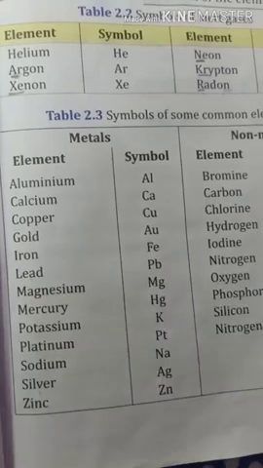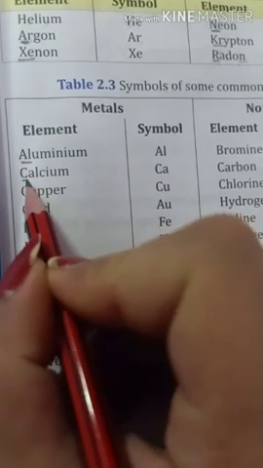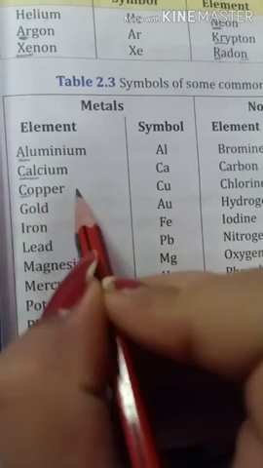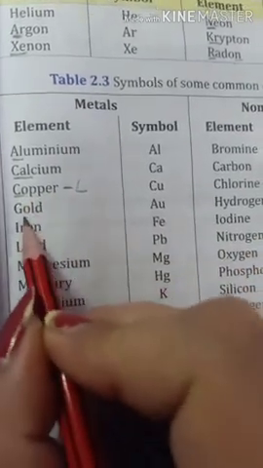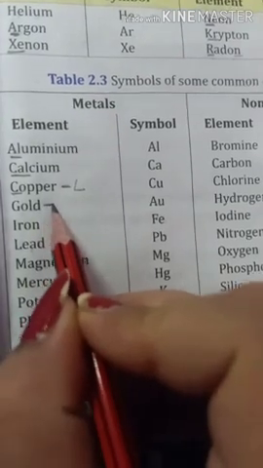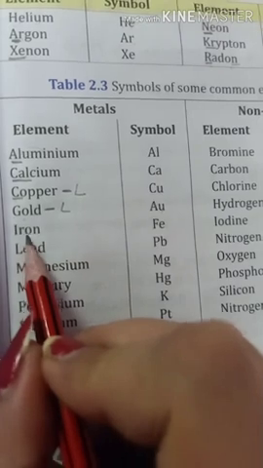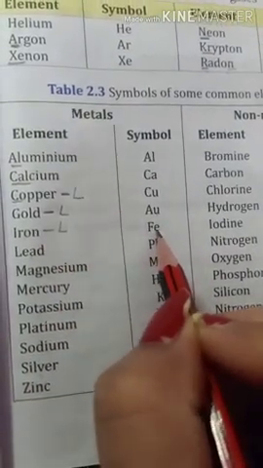Next we have symbols of some metals, like for aluminium, capital A small l. For calcium, capital C small a. For copper, from its Latin name cuprum, capital C small u. For gold, from its Latin name aurum, capital A small u. For iron, from its Latin name ferrum, capital F small e.